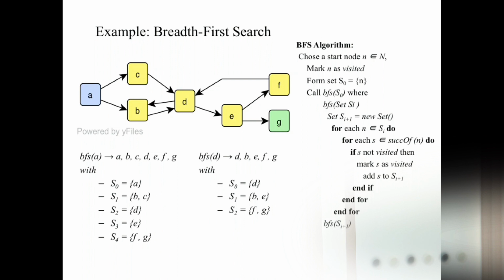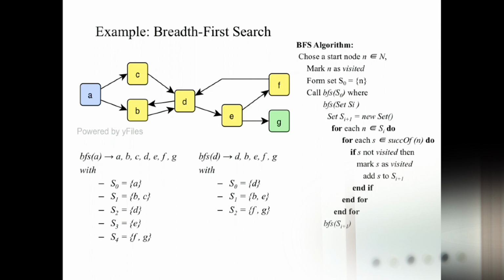Okay? From A, we will visit B as well. And once we are done with the successors of A, we can pick any of them, C or B, and then visit all the successors of C and D, and then we go a level down. So you complete the top level first until you go to the lowest level.